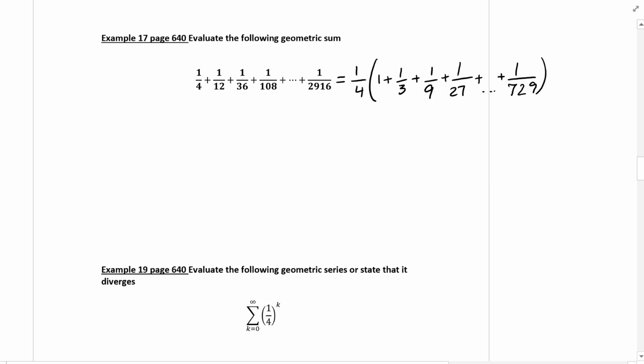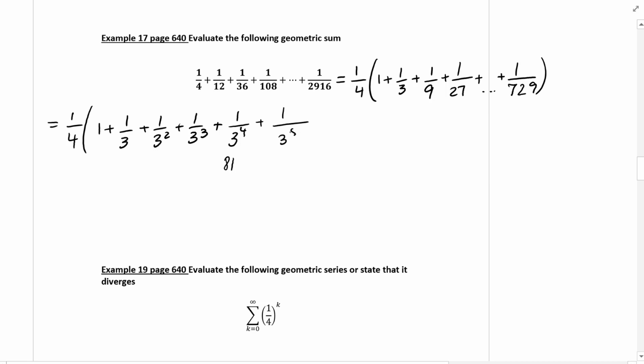So basically this can be written as 1 over 4 times 1 plus 1 over 3 plus 1 over 3 to the second plus 1 over 3 to the third plus 1 over 3 to the fourth, which is 81, and then 1 over 3 to the fifth, which is 243, and then plus 1 over 3 to the sixth, which is 729.